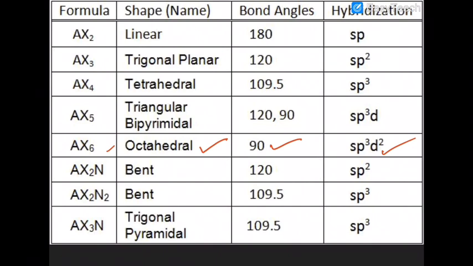Now take the example of octahedral, that is sp3d2 hybridization. The formula of the compound is AX6. It is octahedral, the bond angle is 90 degree and the hybridization is sp3d2.